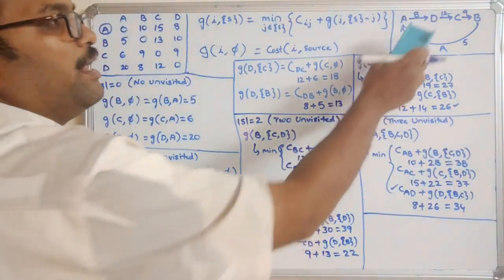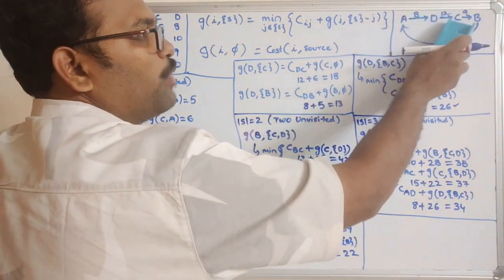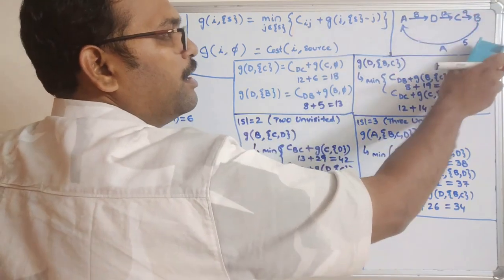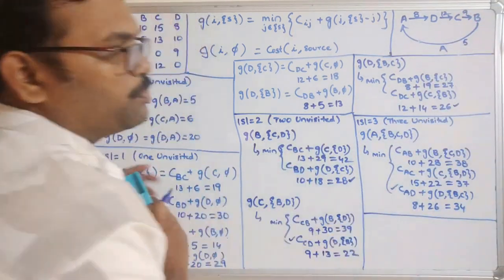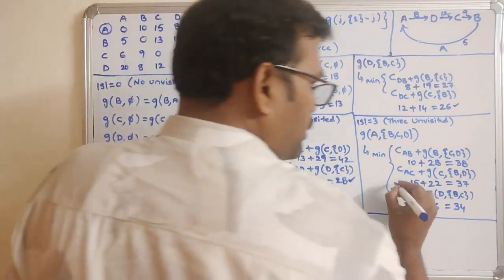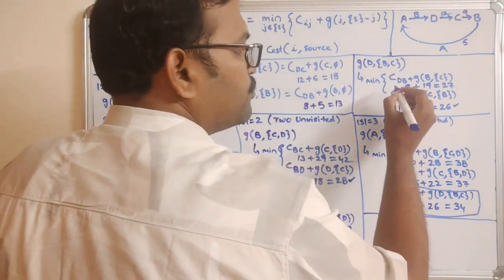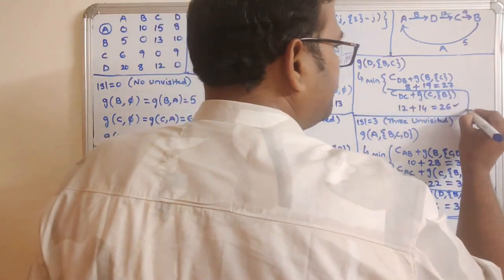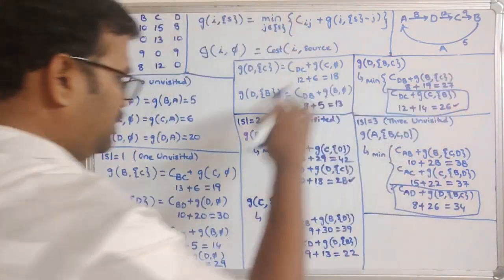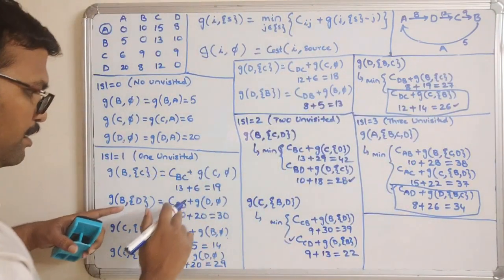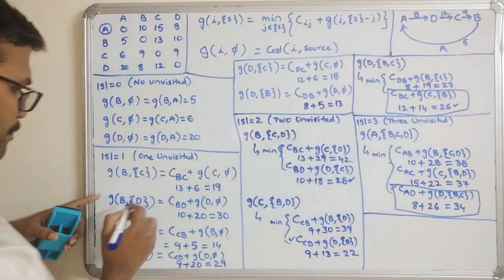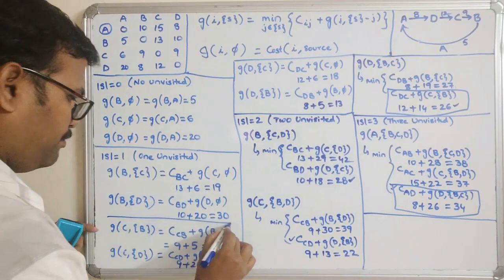So you can consider 8 plus 12, 20, plus 9, 29, 29 plus 5, 34. So which is this one? So we need to consider this edge. And from this, we have to consider this one. From this, we have to consider, so C comma B, this one.